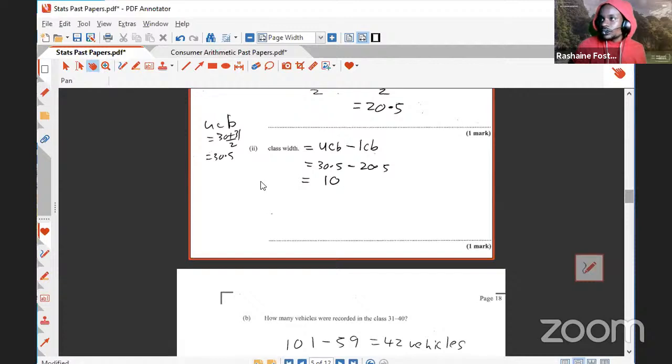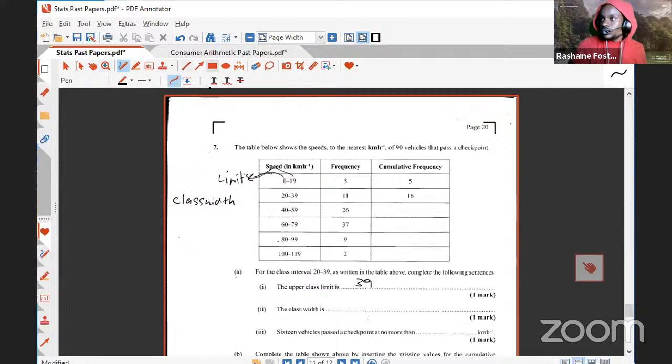So we need to find our boundaries. I'm going to clear right here and put them right here. Our boundaries here, we have 0, then 19.5, and then this one is 19.5 to 39.5.